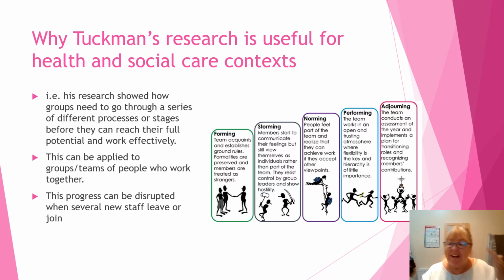Some people can have radically different ideas, which can cause arguments, and also people are starting to assert themselves, and some of the leadership roles tend to come up, the strong people and the quiet people. The difficult thing is that during the storming time, the quieter members of the team often don't get to express their views because the other people are more overbearing, really.